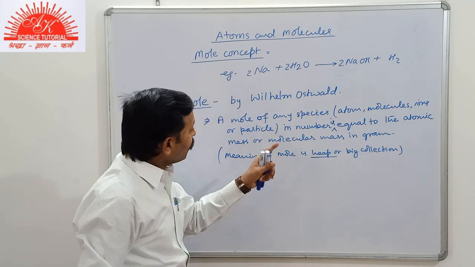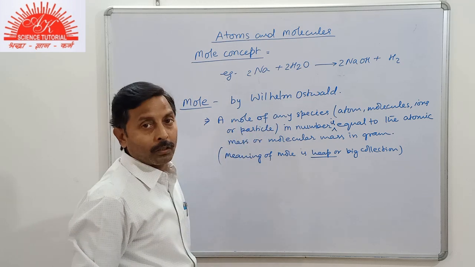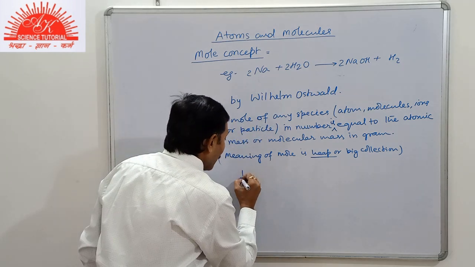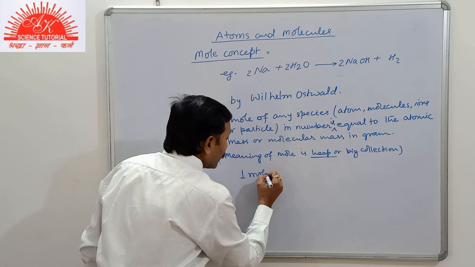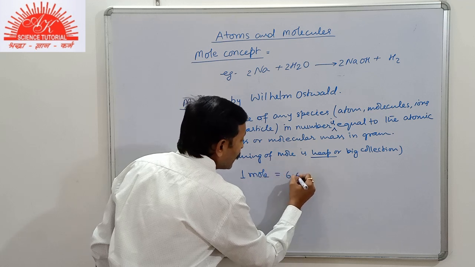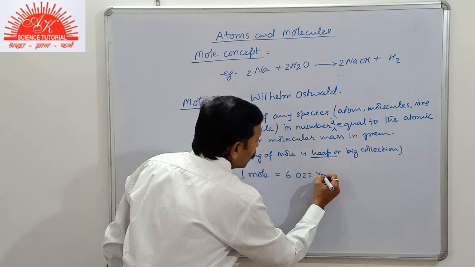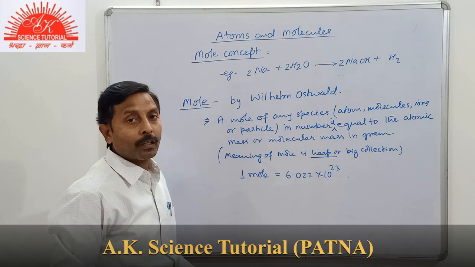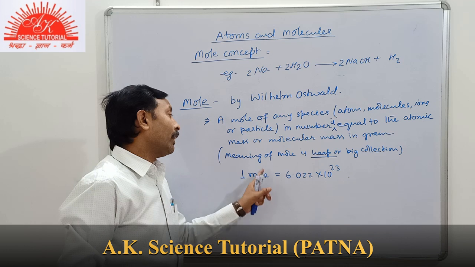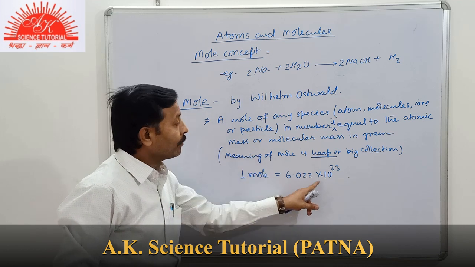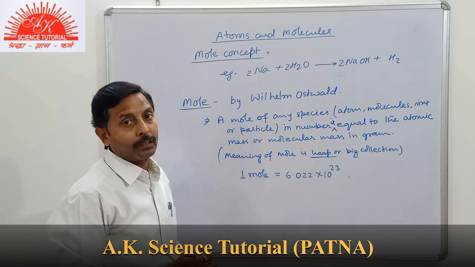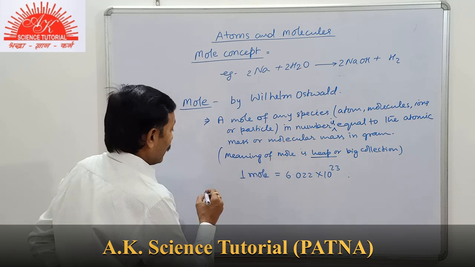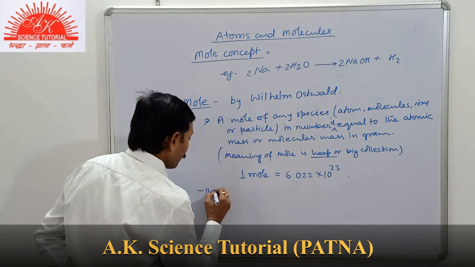Then what is the number of particles contained in 1 mole? Now we see that 1 mole is equal to 6.022 into 10 to the power 23 particles. So 1 mole of any substance will have this many particles.